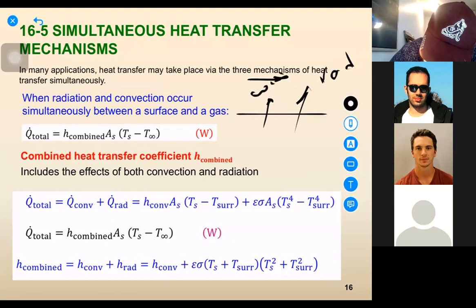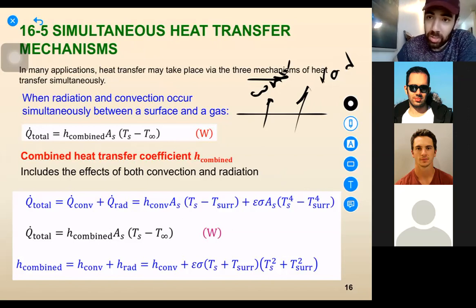And convection. Okay, you know that. And for having that term, what you do is to first find the total heat transfer of convection and radiation, and add them up together.